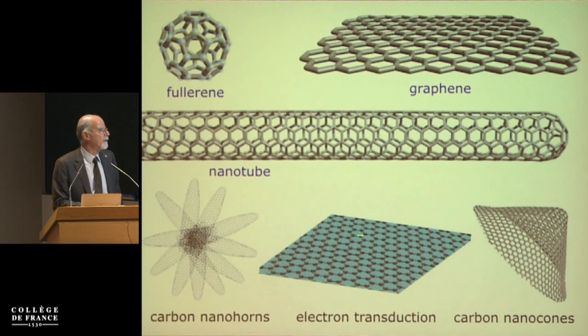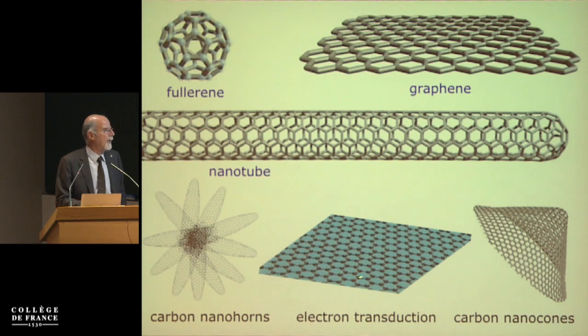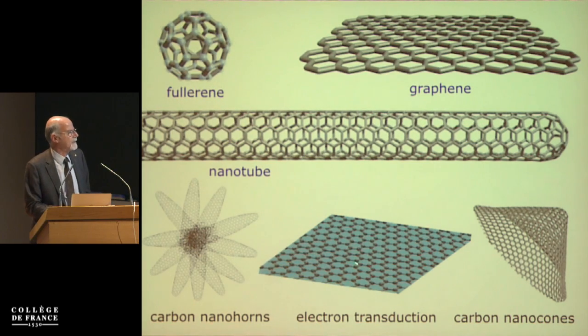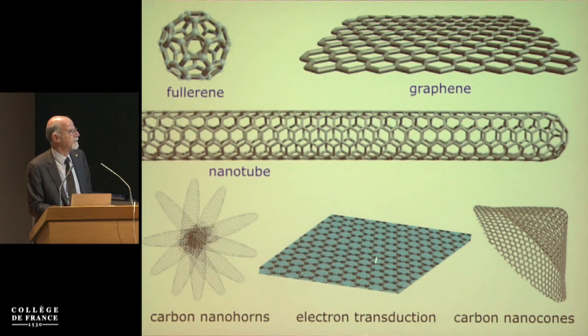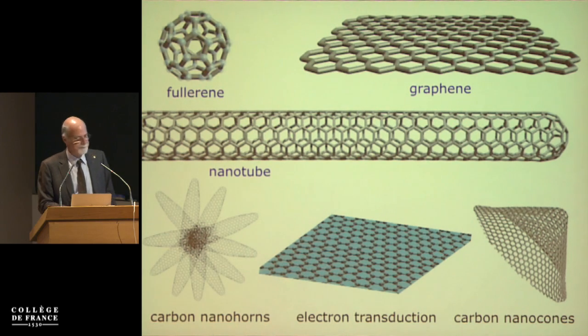What is important to note about these materials is that they are very good electron transductors. This means that transduction of electrons from the surface to the solution, or whatever is absorbed on this surface, is facilitated by the presence of these materials.